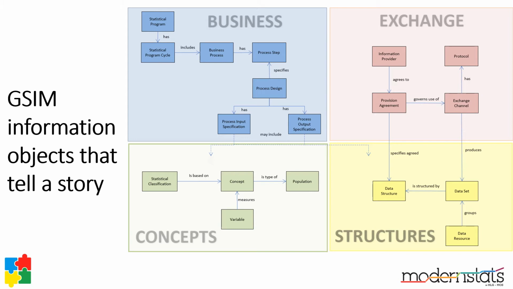The statistical program cycle will include a set of business processes. The business processes consist of a number of process steps. These are specified by process design. These process designs have process input specifications and process output specifications.